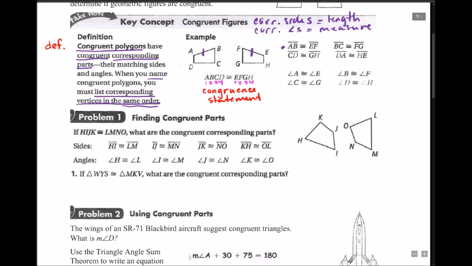And then we can go position 2 to 3, which is side BC. And 2 to 3 on the other one is side FG. And then 3 to 4 is side CD. And 3 to 4 here is side GH.